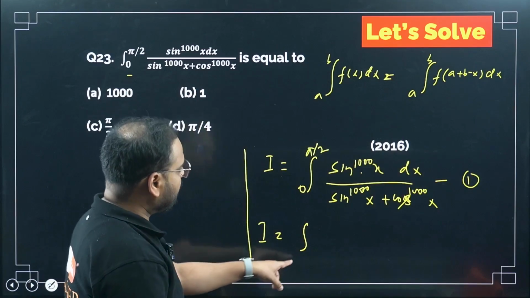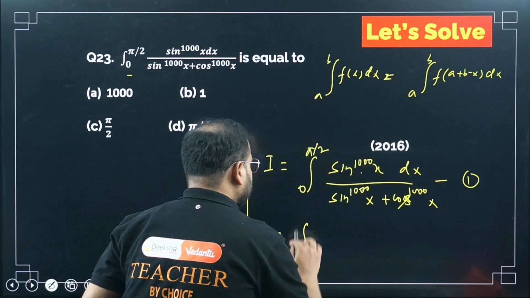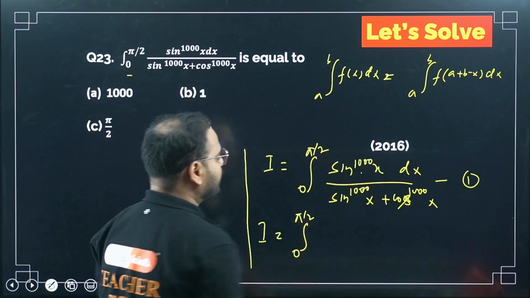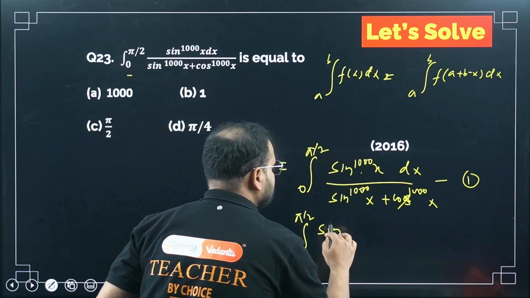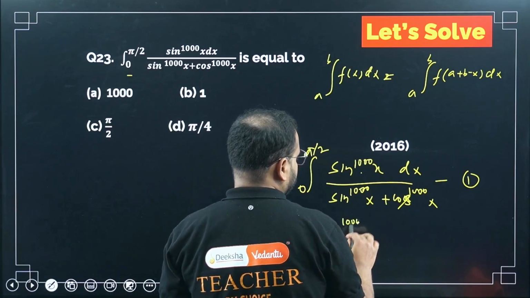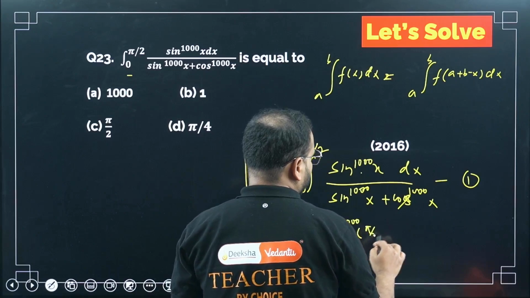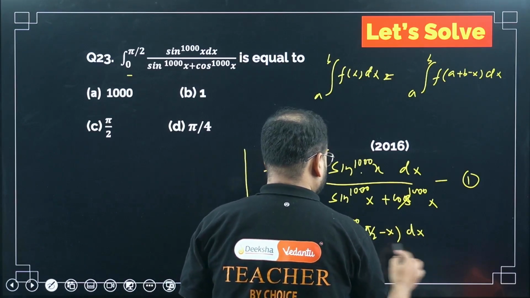So let's do that. What am I going to get? 0 to pi by 2. How much is 0 plus pi by 2? Simply pi by 2. So I can write sine of 1000 of pi by 2 minus x dx.